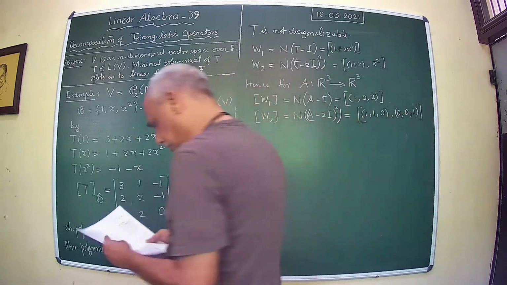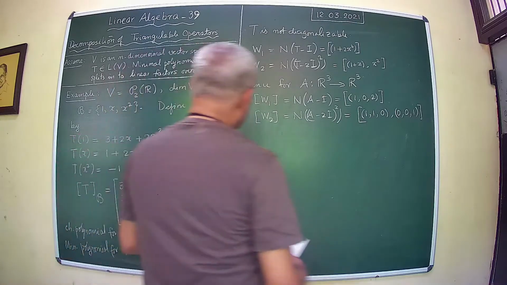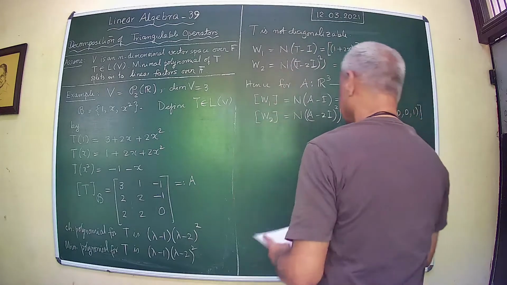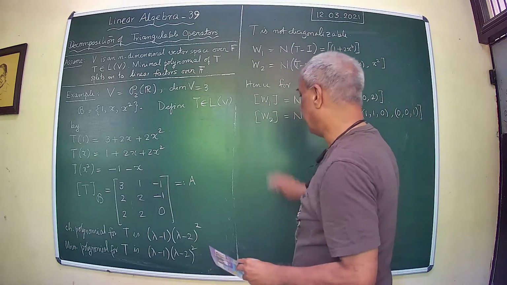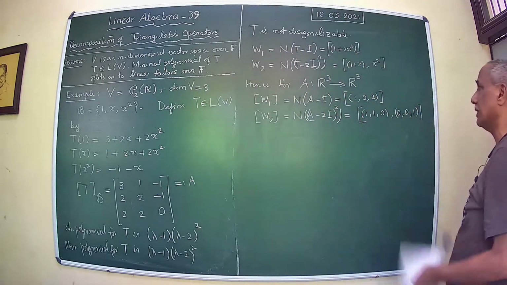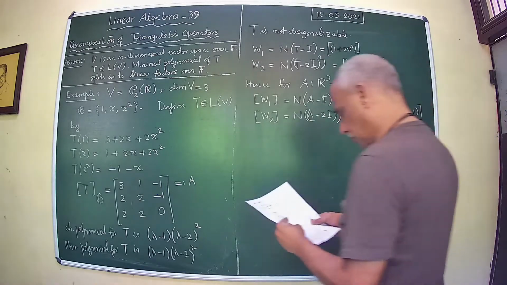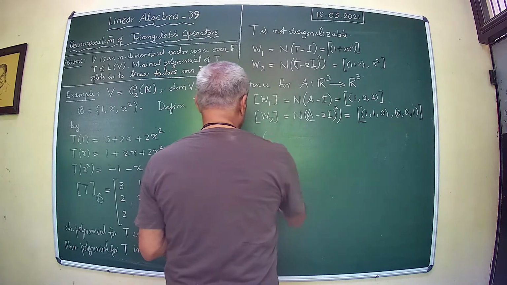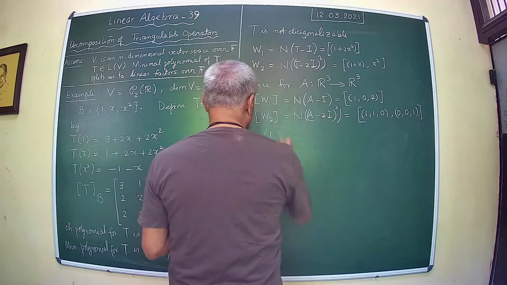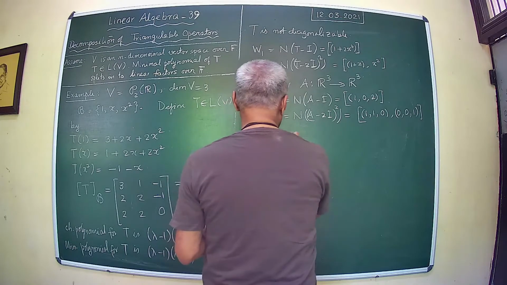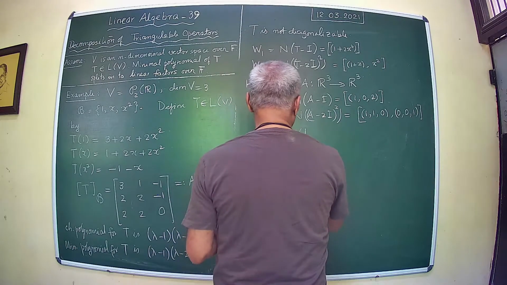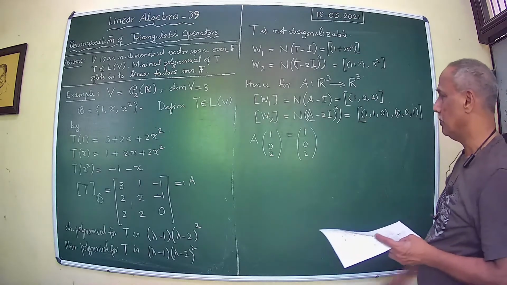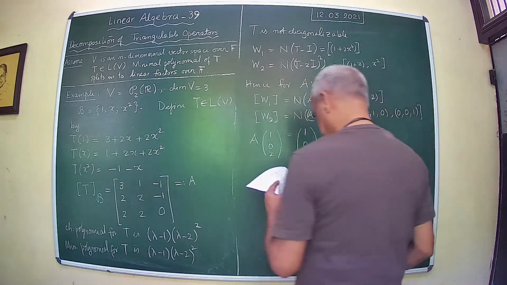Now let us compute this. Because we will compute for A, then from there we can get back the corresponding thing for W1 and W2. So we have now A of this, which turns out to be the eigenvector of A belonging to the eigenvalue 1.